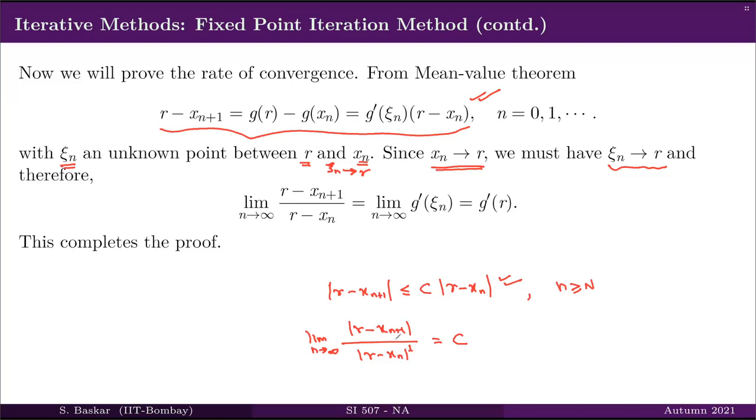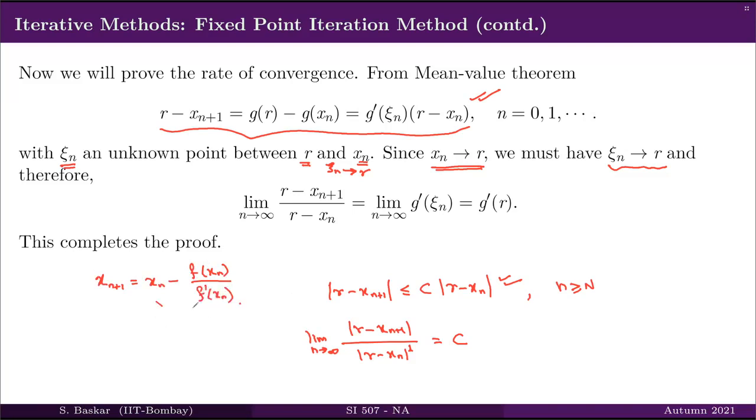You may have a sequence which may converge slightly or more faster than 1 also. In particular, in fixed point iteration method, such situations can occur. Say, for instance, we have taken the Newton-Raphson method formula as xn plus 1 equal to xn minus f of xn divided by f dash of xn, right?